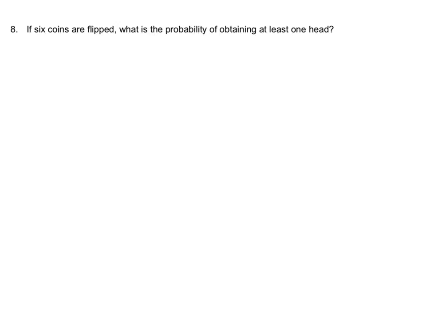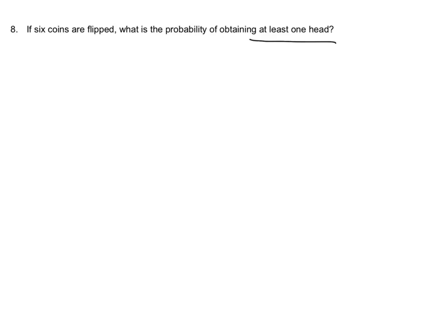That's because we're flipping 6 coins, and the number of outcomes of flipping 6 coins is represented by 2 to the 6th power, which is 64 different outcomes. So if we wanted to find the probability of obtaining at least one head, we would have to list all 64 outcomes and then circle the ones that had at least one head represented.